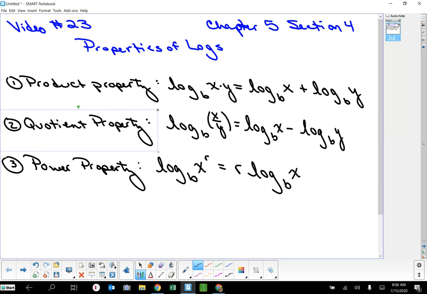They're going to give you this side, and you need to expand it into this side. And then I think we go the other way. Yep, we do. So you're going to start with yellow, go to green, then start with green, go to yellow, and then you're going to use the properties of logs to actually solve these things. So keep those handy for yourself.